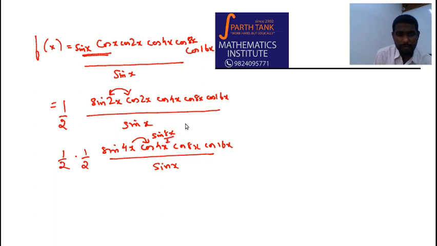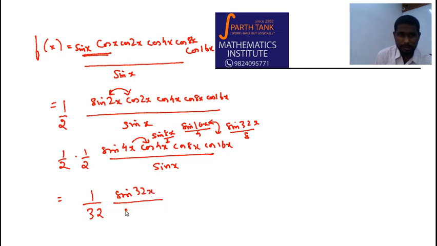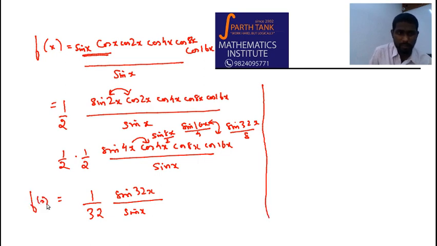And then if you combine these two, you will get sin 16x by 4 it becomes. And then combine these two, you will get sin 32x by 8. So doing it all together, you get 1 by 32 sin 32x by sin x in the denominator. Now this is easier to differentiate. If this is f of x, if I do f dash of x, what is the rule?